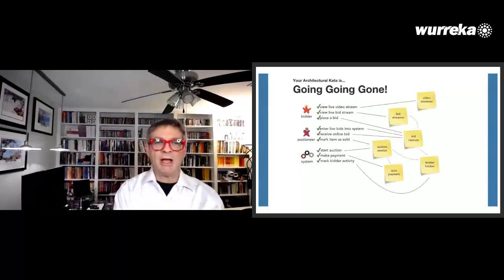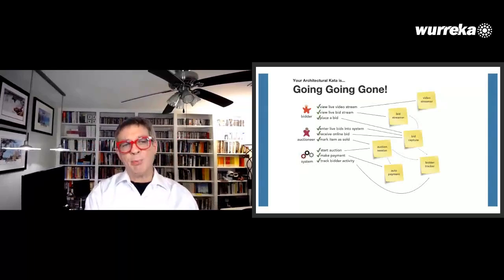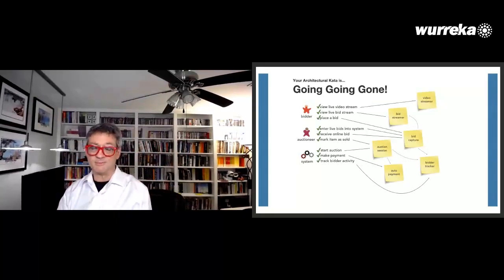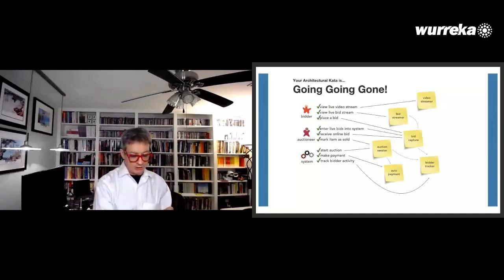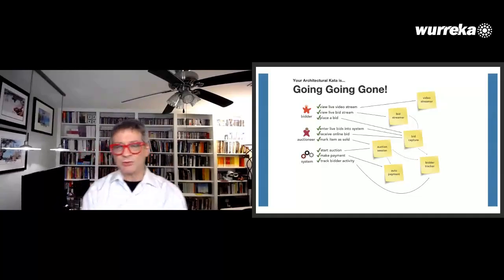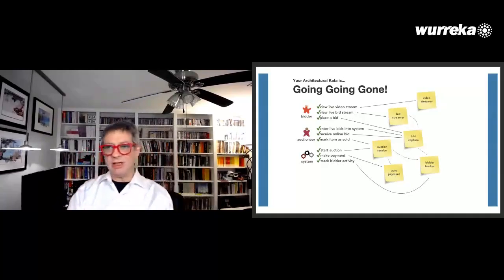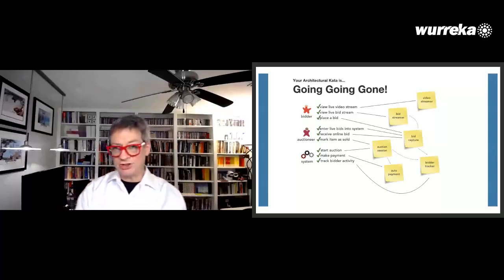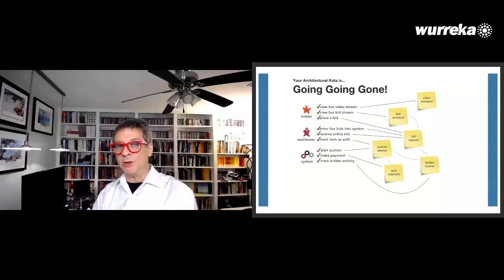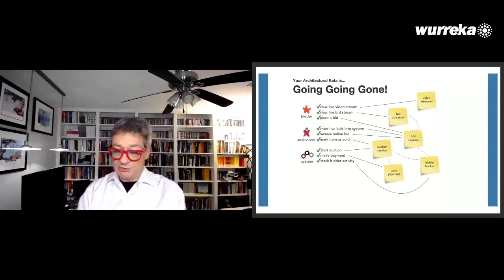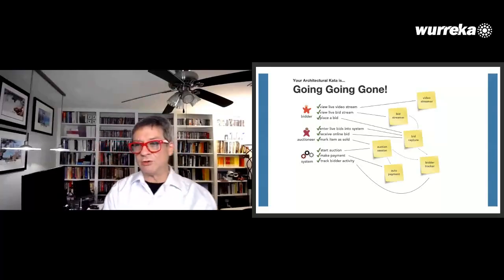Remember what we figured out about the operational difference between auctioneers and bidders. Auctioneers need high levels of reliability and availability, but don't need high scalability. Bidders need super scalability and performance at the expense, perhaps, of availability or reliability.